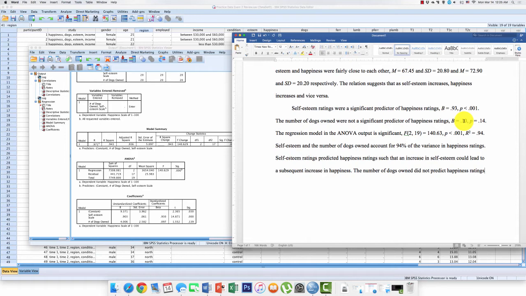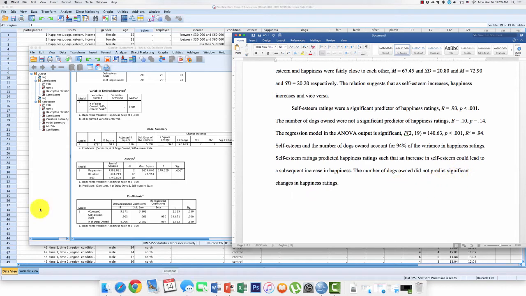So you might be tempted to say there's some prediction happening, but there is no prediction happening because it's not significant. So in plain English, you would just put the number of dogs owned did not predict significant changes in happiness ratings. Okay, oops, fix that. Significant.